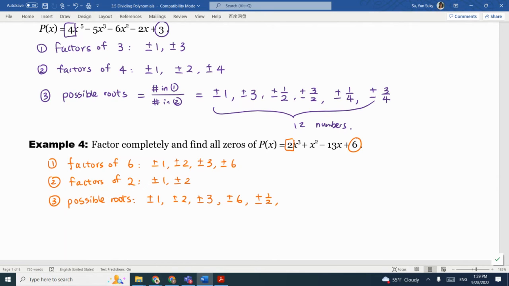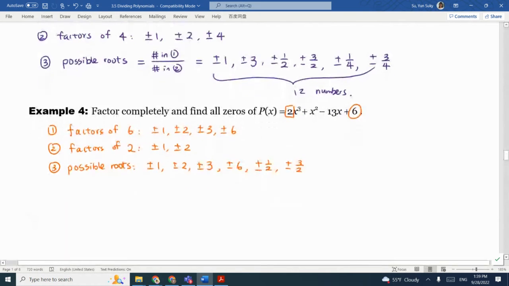Next one, 3/2, so plus or minus 3/2. How about the next one? 6 over 2 is 3. We already have that number on the list. So these are all the possible roots. So far, so good, everybody? Awesome. Let's continue.